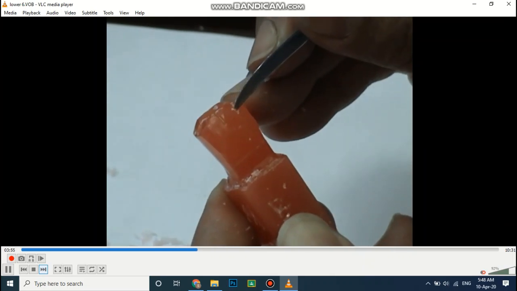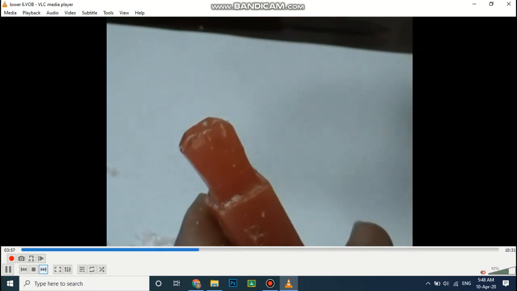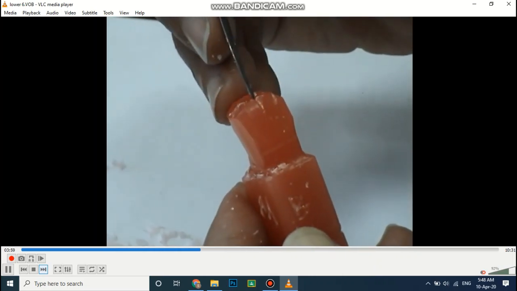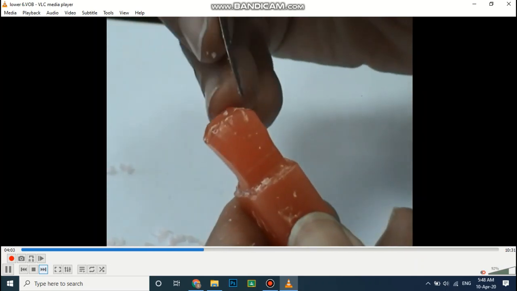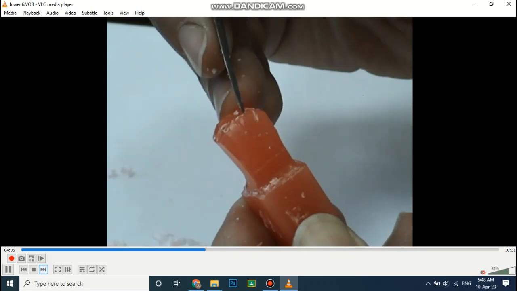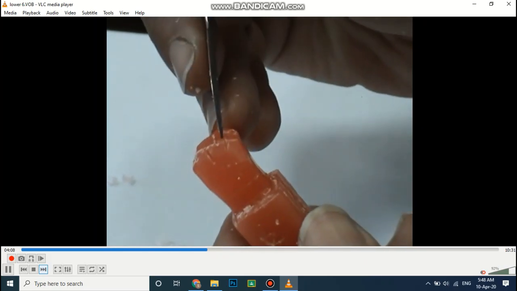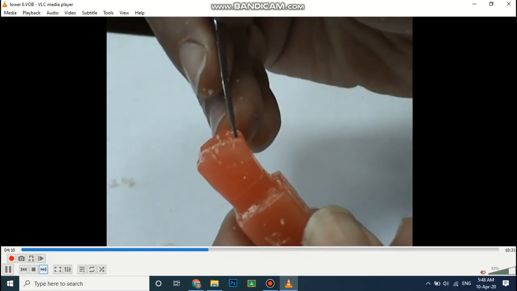Each cusp should be done by first putting a cusp tip in the middle area of the cusp, and a cusp tip for the distal cusp.